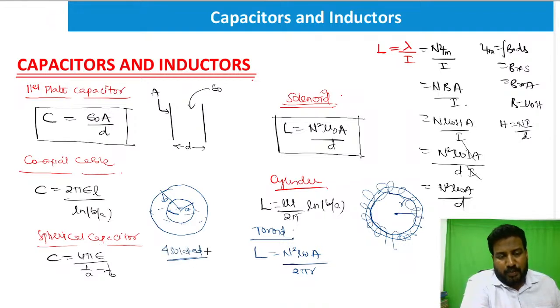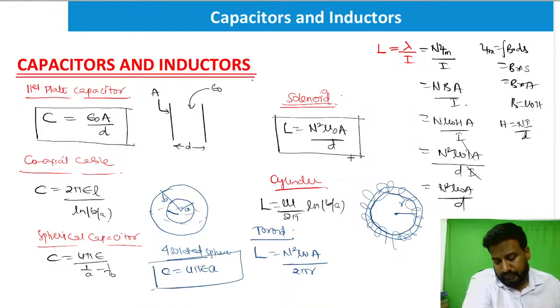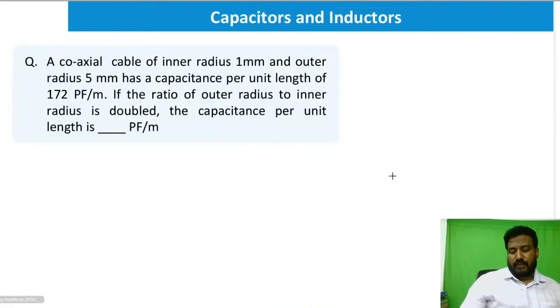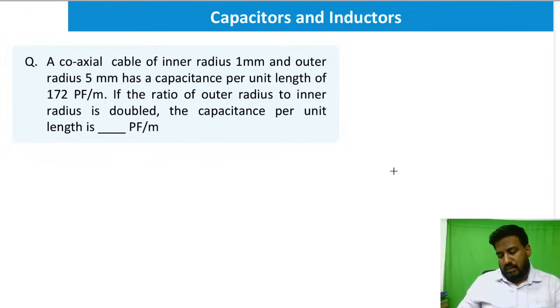For such an isolated sphere, the capacitance is 4 pi epsilon by 1 by A, that is 4 pi epsilon A. Everyone, is it clear?